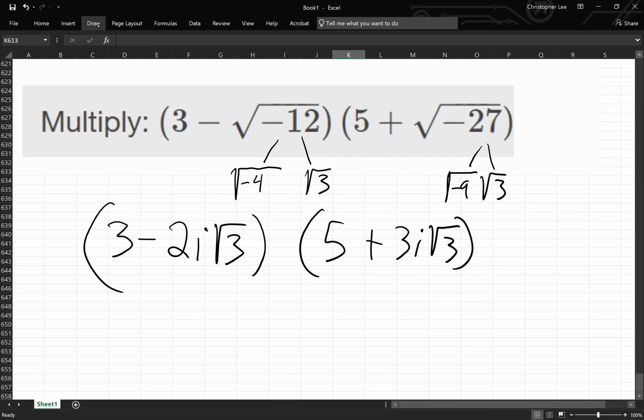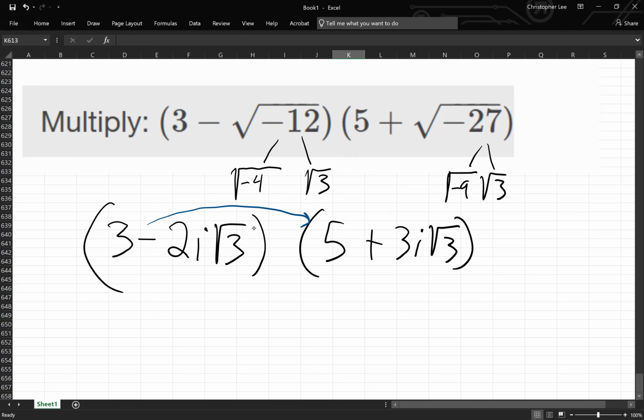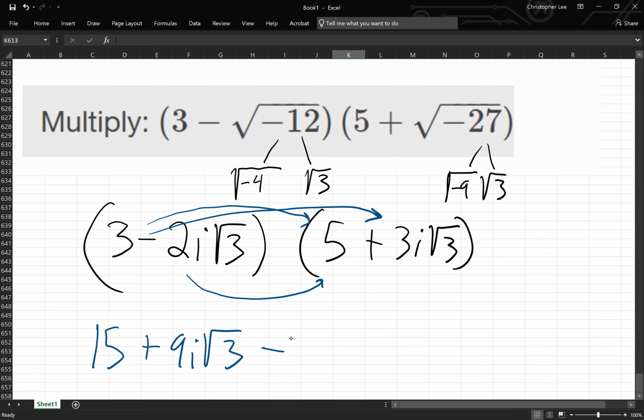Do what you know how to do. I'm going to change the color real quick, right? So, boom, this is going to be 3 times 5. That's going to give me 15. And then 3 times positive 3i square root 3 is going to give me a positive 9i square root 3. Then I have negative 2i square root 3 times 5, which is going to give me a negative 10i square root 3.